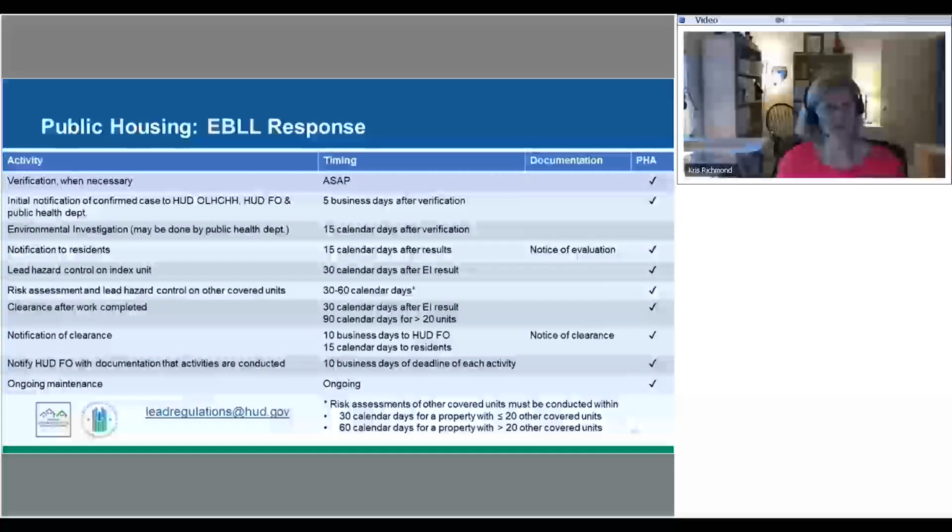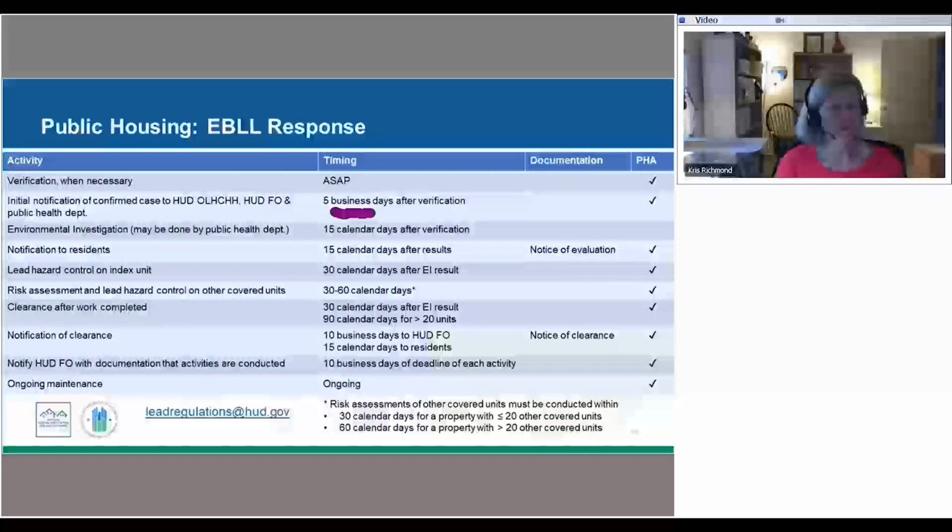If the public health department was not the organization that did this testing, they need to be contacted and notified as well. This needs to be done within 5 business days after verification. You're going to start to see as I go through this chart, some of these days are business days and some of them are calendar days. So it's just important to take note that this one is business days.